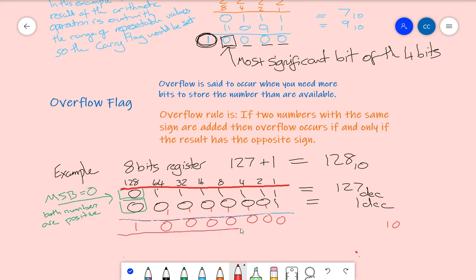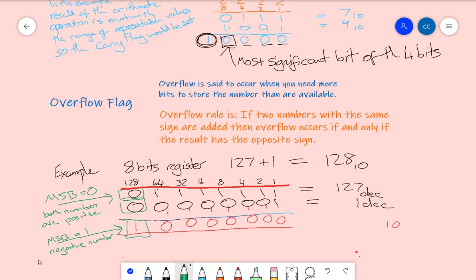Now, we don't have a carry because we have used 1, 2, 3, 4, 5, 6, 7, 8 bits, so there's no carry. But has overflow occurred? Well, let's have a look at the most significant bit of the answer. The most significant bit is set to 1, which means it's a negative number.